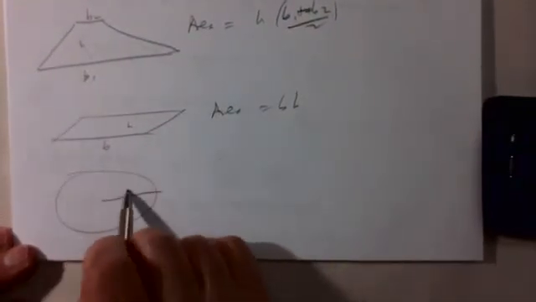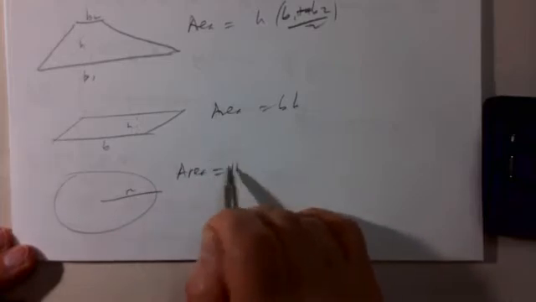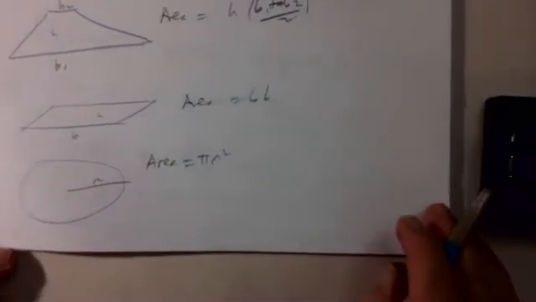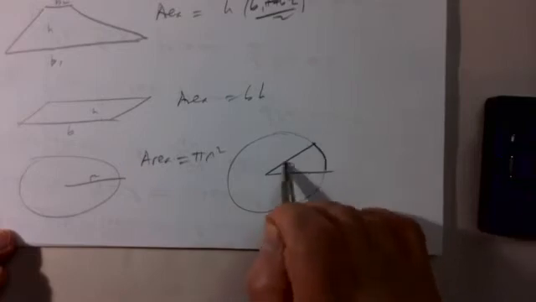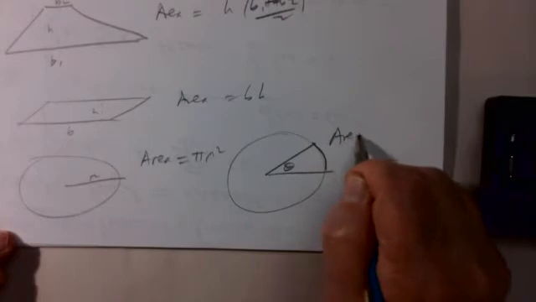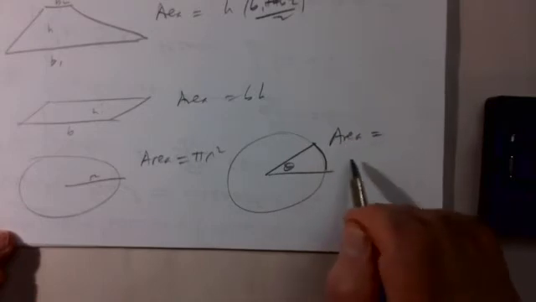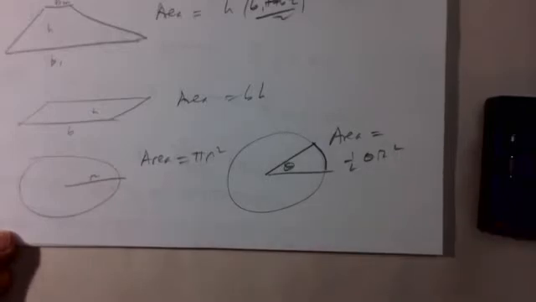If you have a circle of radius r, the area is pi r squared. And if you have a sector of a circle, so this is an angle theta measured in radians, the area is 1/2 theta r squared.